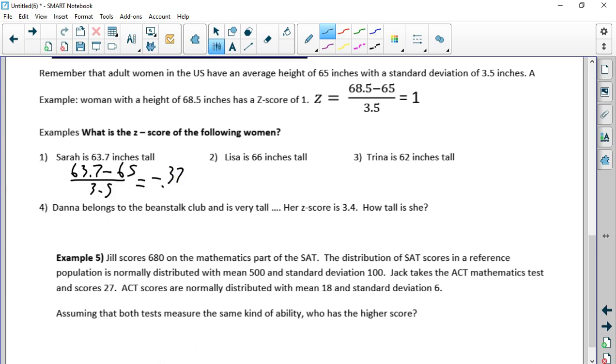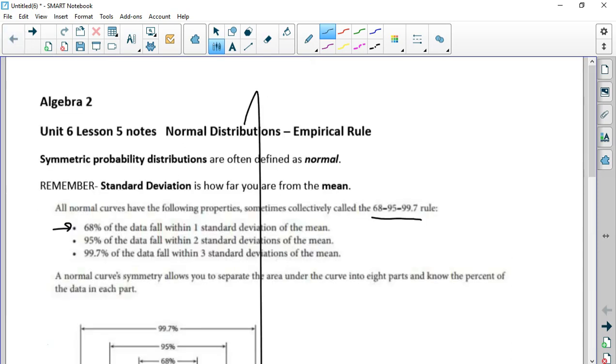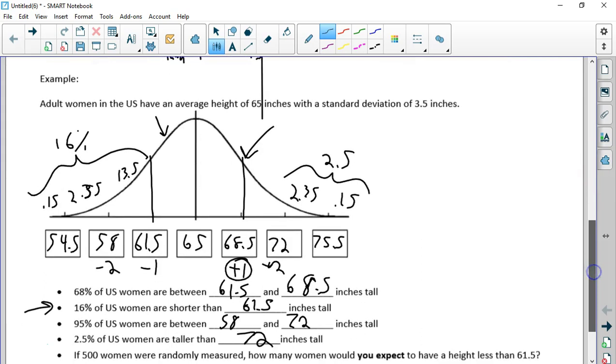Okay, 66 inches tall. If you look back at your graph, that's above 65, but less than 68.5. So we should expect our answer to be somewhere between 0 and 1. 66 minus 65 divided by 3.5, and we get 0.29. Makes sense. 62, where would that be? Well, again, if you look, 62 would be really close to negative 1.